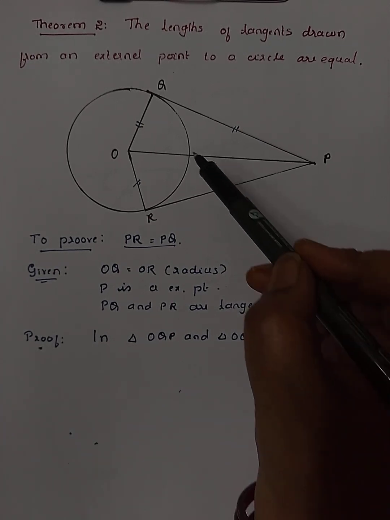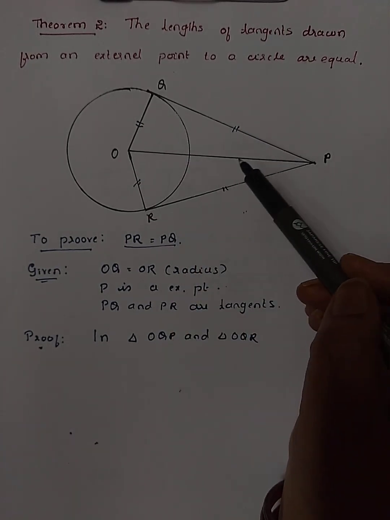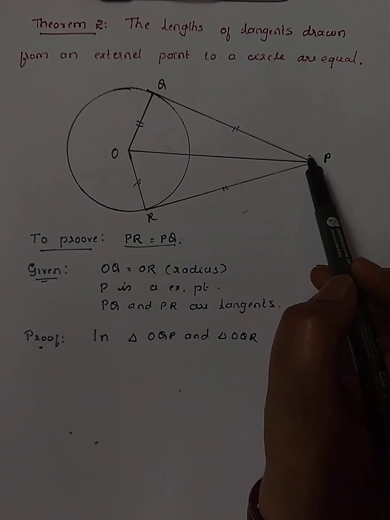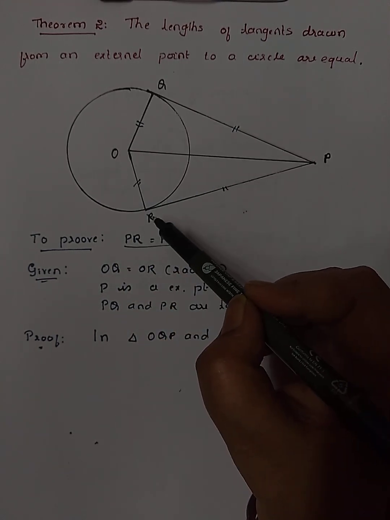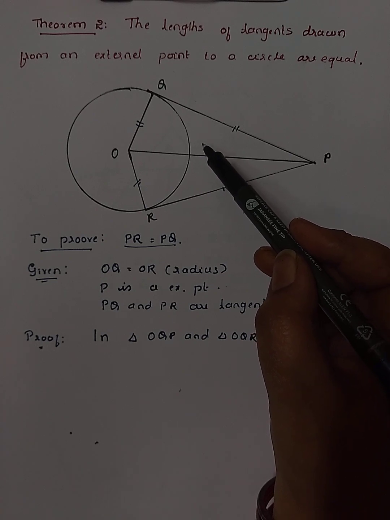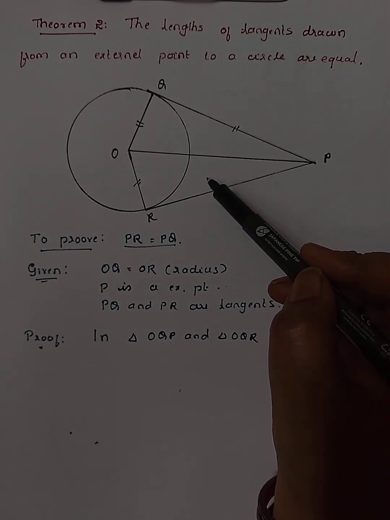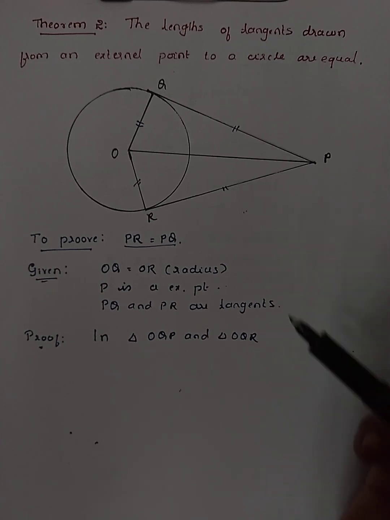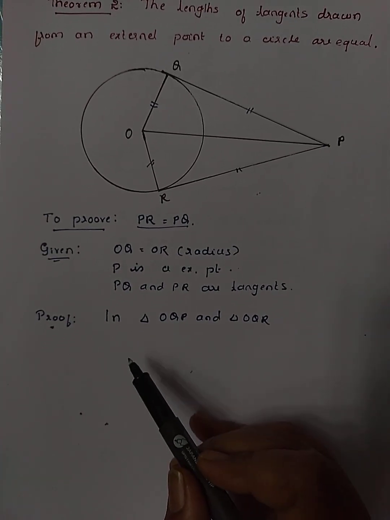Proof. Now when we join the lines we see two triangles, the first is OPQ and OPR. Suppose we prove that these two triangles are congruent, then by CPCT these two sides are equal. So how shall we prove?